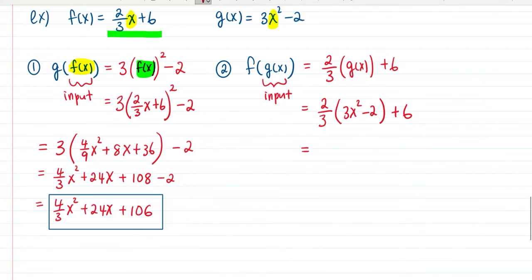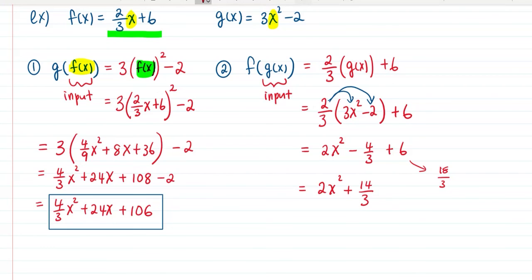Distribute inside the brackets. That will be 2x squared minus 4 over 3 plus 6. We multiply, add these two, so that's 18 over 3, so that would be plus 14 over 3. And that's the answer for the second one.